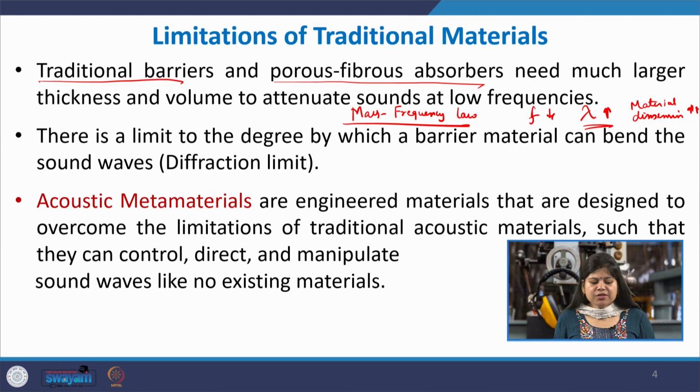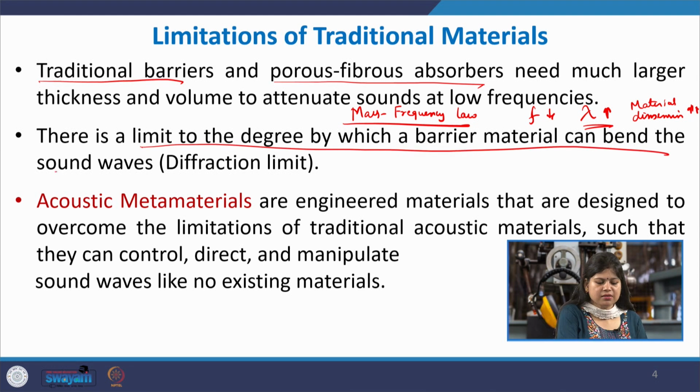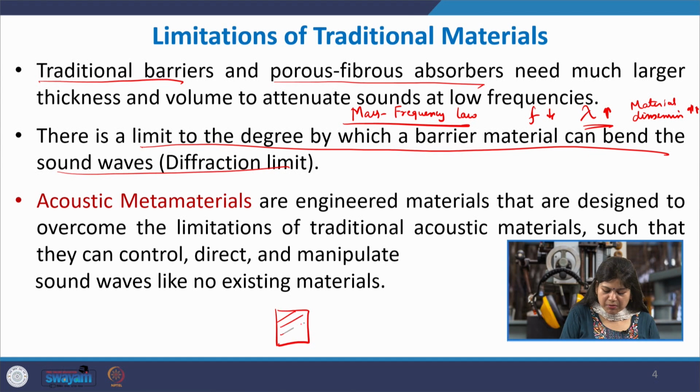There is another limit, a limit to the degree by which a barrier material can bend the sound waves. Suppose you have some kind of thick barrier material and some sound wave is coming and hitting it from different directions. You can think that it can scatter them using Snell's law, right? It will follow Snell's law and scatter accordingly.